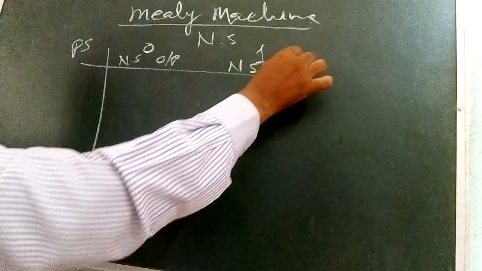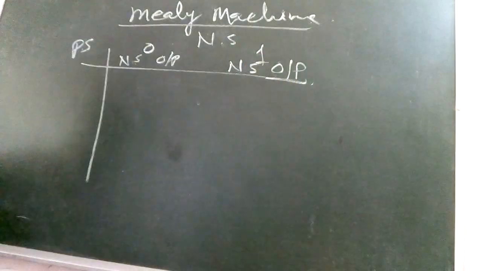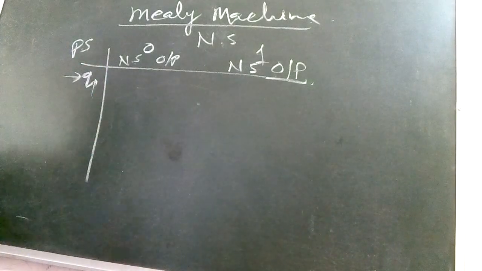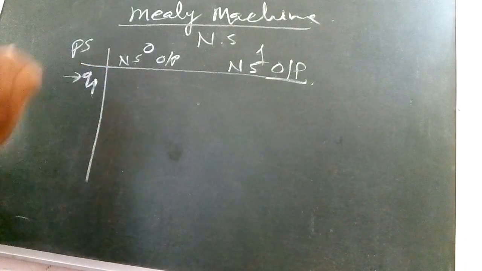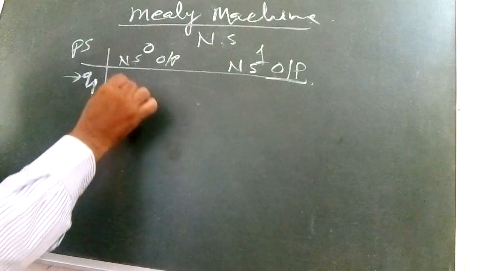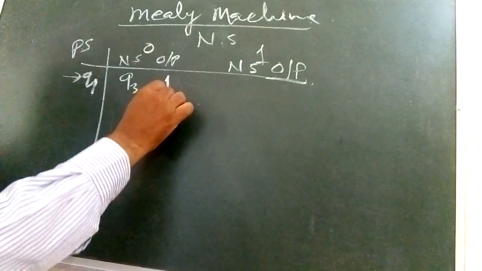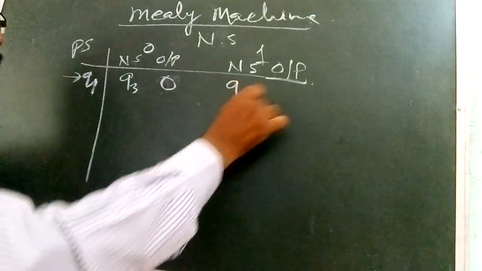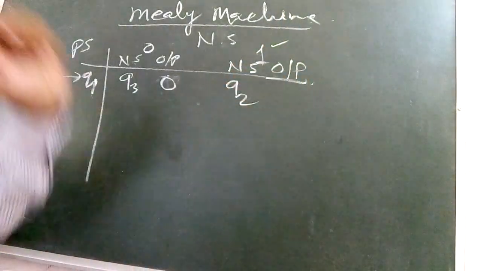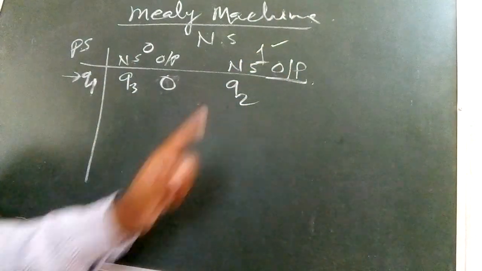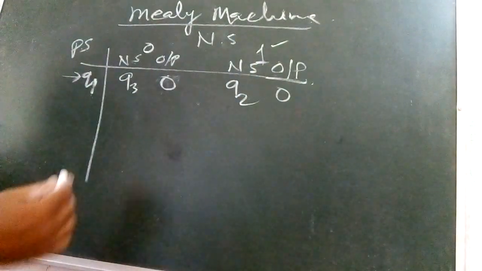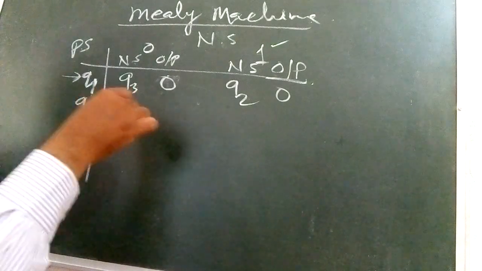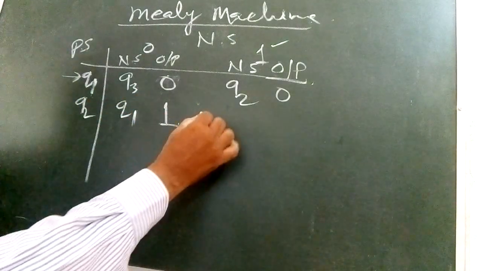From initial state Q1, for input 0 its next state is Q3 and output is 0. And for input 1, its next state is Q2 and output is 0. For state Q2, for input 0 next state is Q1, output is 1.